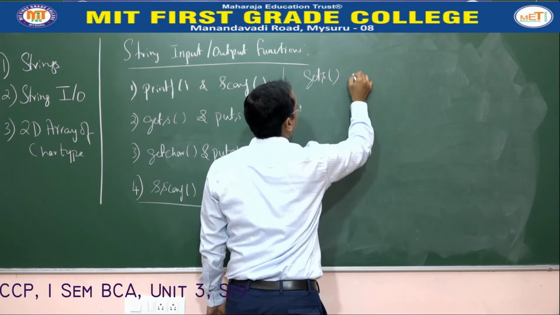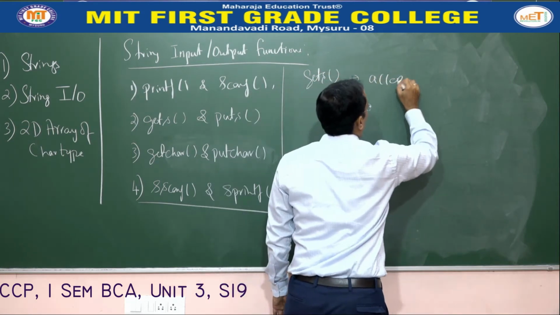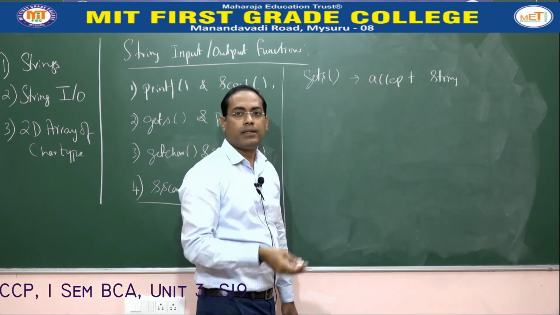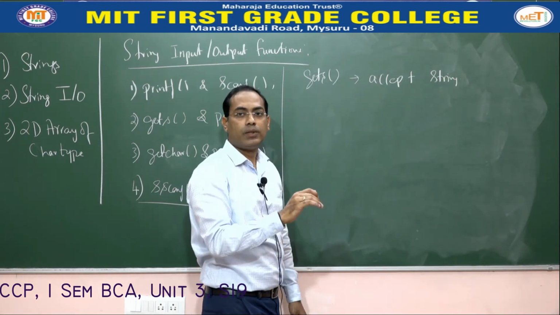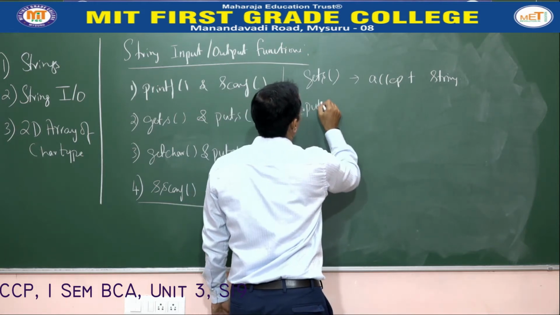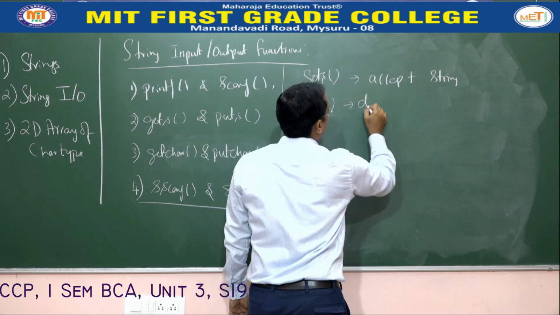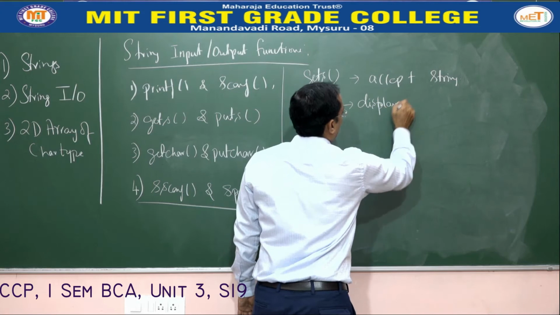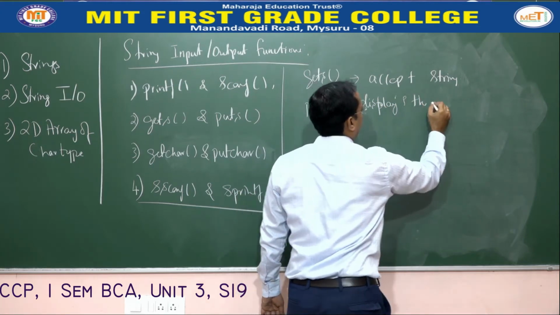So gets is used to accept a string until the \n, that is until you hit the enter button. puts displays the string.